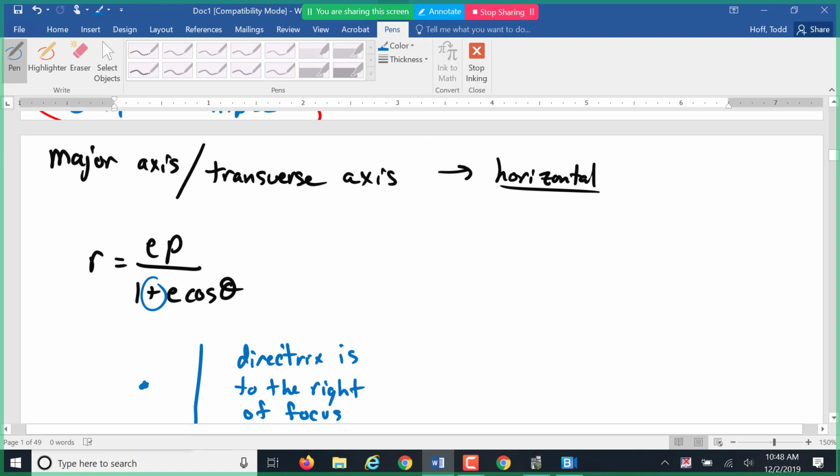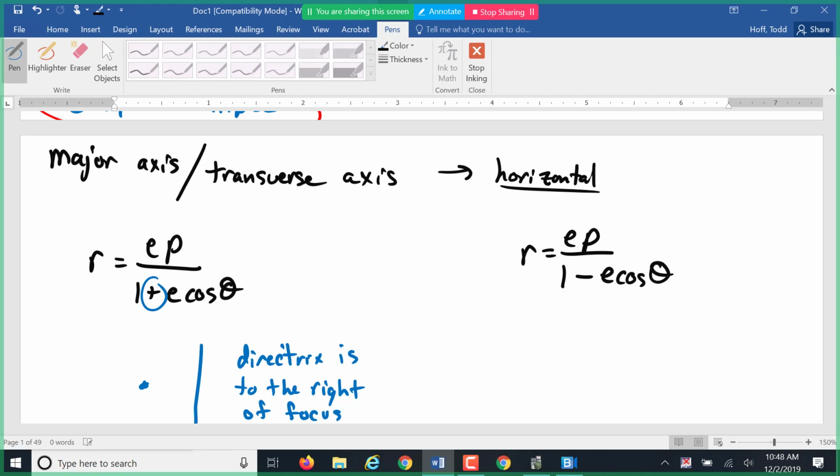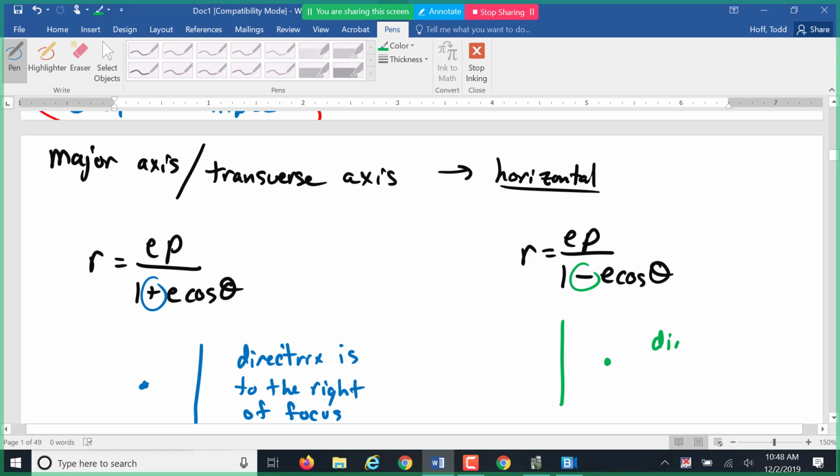Or we might have the form r equals e rho over 1 minus e cosine theta. Because that is a minus there instead of a plus, that's saying the directrix is on the negative side of the focus. Directrix is to the left of the focus.